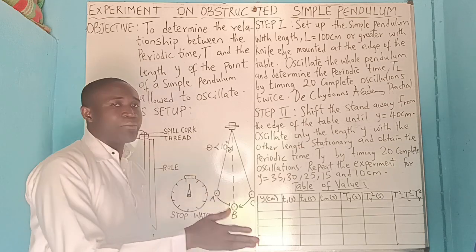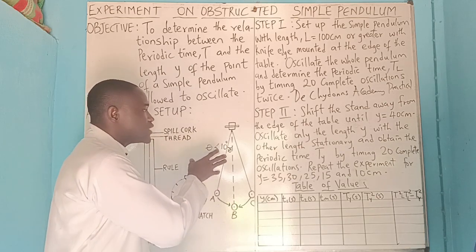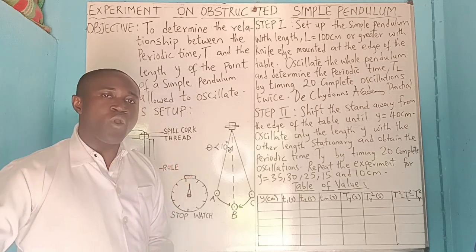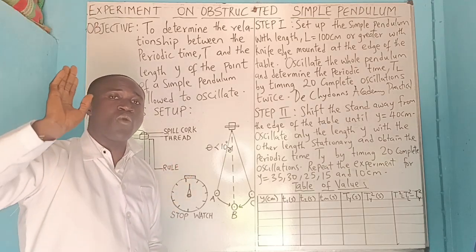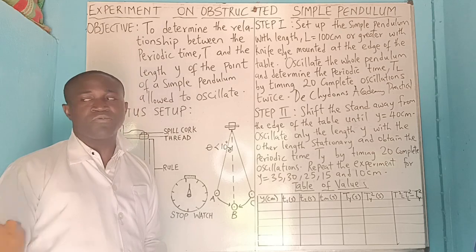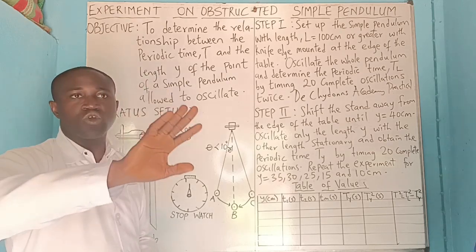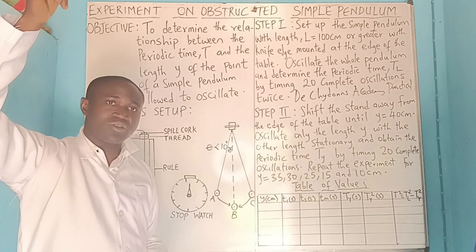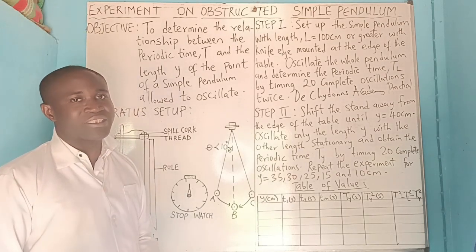Another precaution you can talk about in this experiment is that the doors, windows and electric fan were what? Switched off. You close your windows, you lock your door, you switch off the electric fan, so as to reduce air resistance.